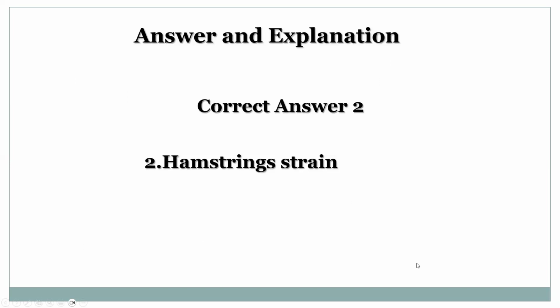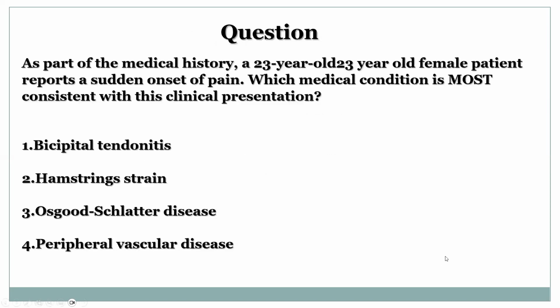So again, hamstring strain is caused by muscle overload, or the muscle being stretched beyond its capacity or challenged by sudden load, and pain varies in intensity depending on the severity of injury, but the patient will describe the pain as sudden sharp pain in the back of the thigh. So this is the correct answer.